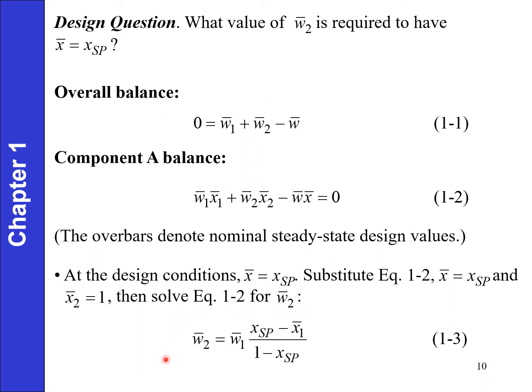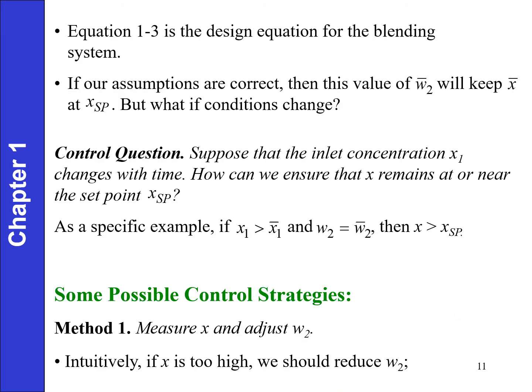Then we get this type of equation for W2, and we name the whole equation equation 3. So equations 1 and 3 on slide 10 are the design equations for the blending system. If our assumptions are correct, then this value of W2 bar will keep X bar at the X set point.